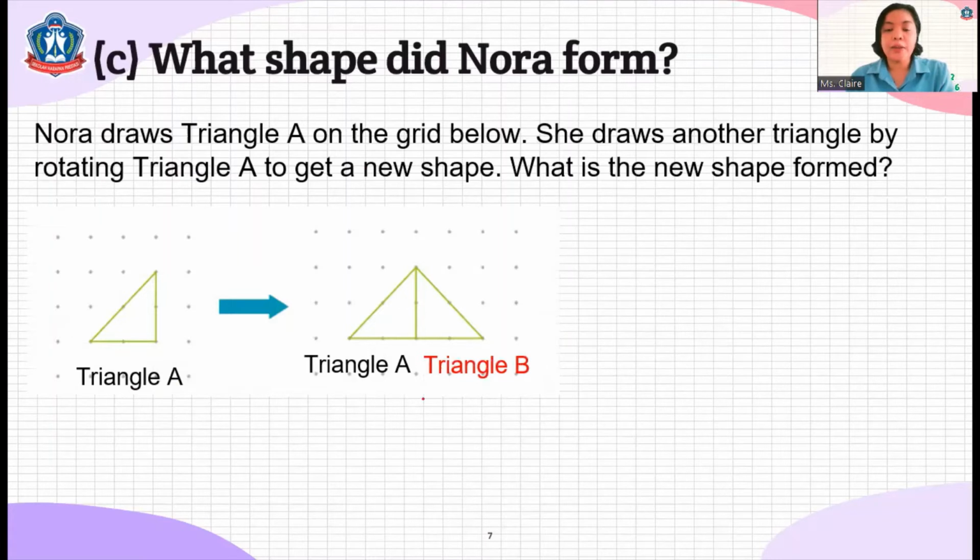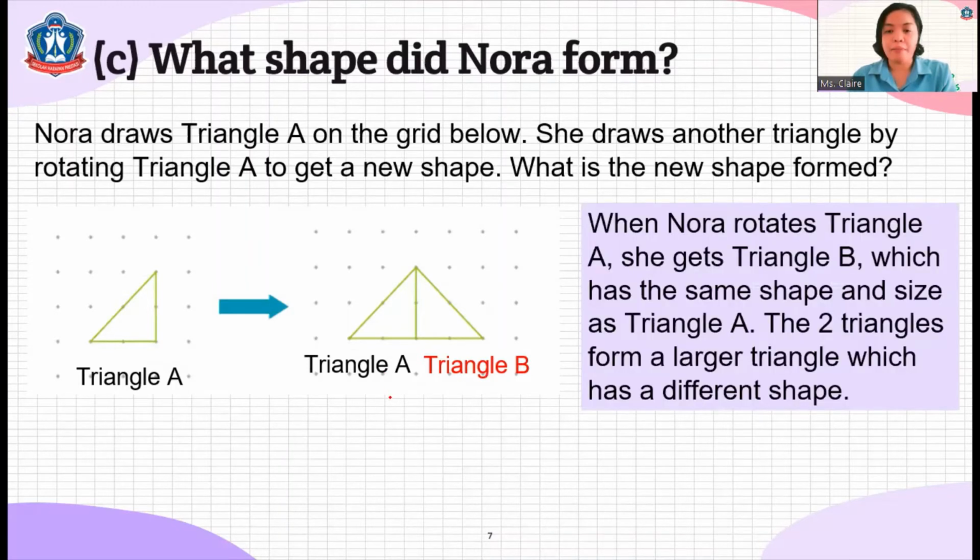So it now consists of two triangles, triangle A and triangle B. When Nora rotates triangle A, she gets triangle B, which has the same shape and size as triangle A. The two triangles form a larger triangle which has a different shape. So the new shape is still a triangle, but a different shape and larger than the previous triangle.